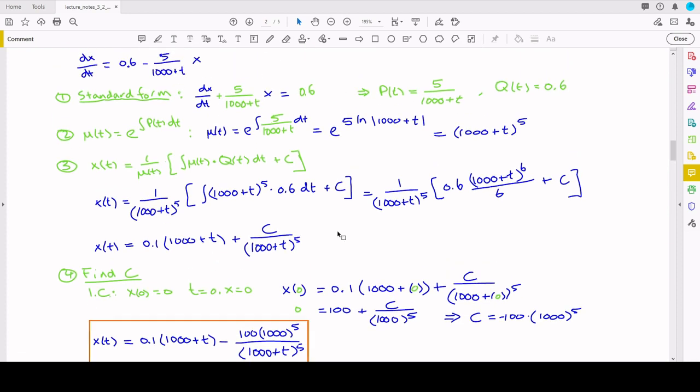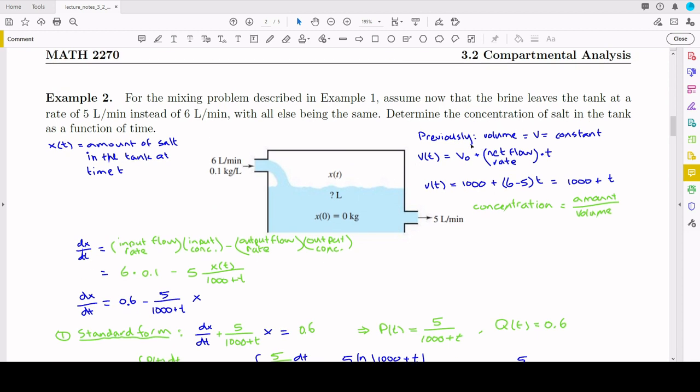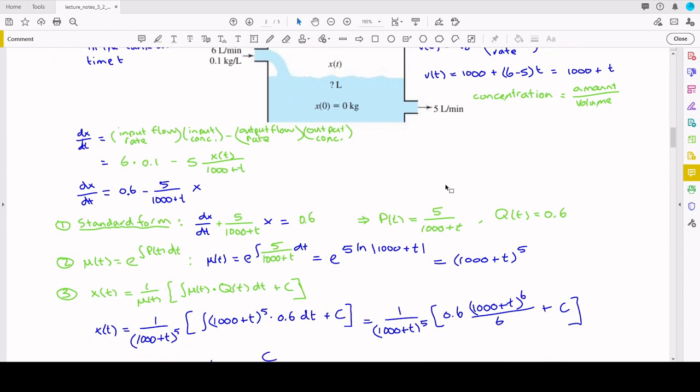Right? Because we were asked to determine the concentration, and x is the amount of salt. So to determine the concentration is amount over volume.